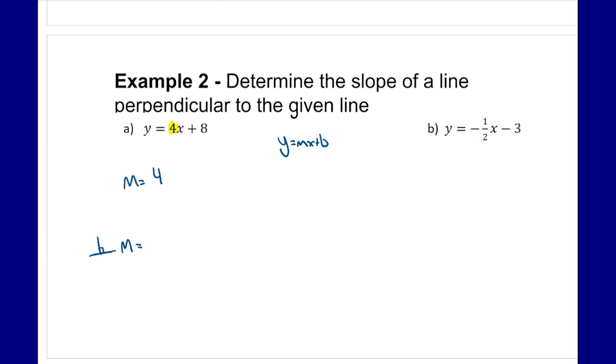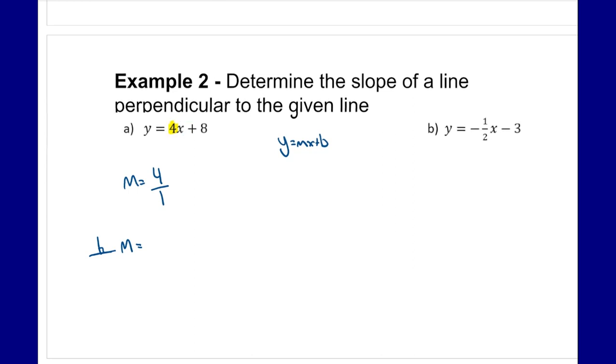So we need to flip this. Well, I can't flip it if it's not a fraction. So how do we make a whole number a fraction? Remember, we did this when we had to graph it. We needed the rise over run. So we put a whole number over 1. So 4 over 1 is what this slope actually is.